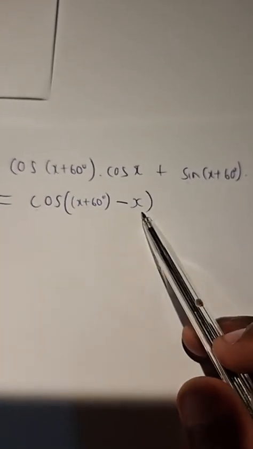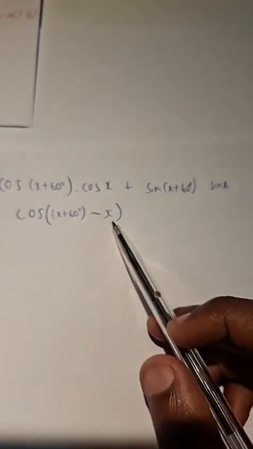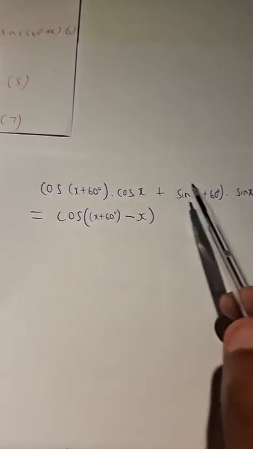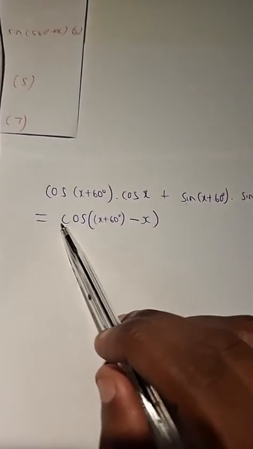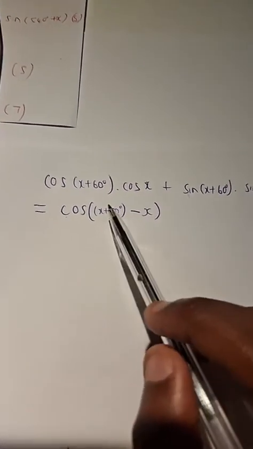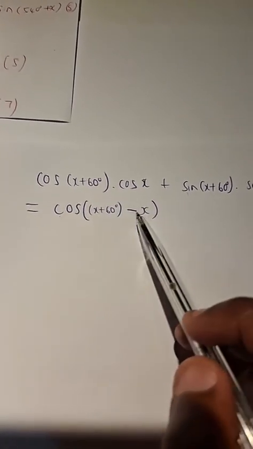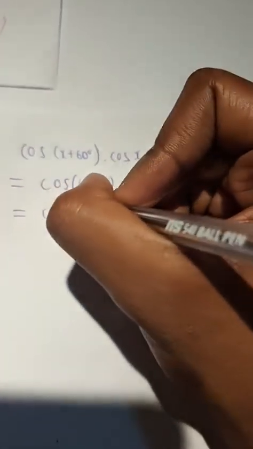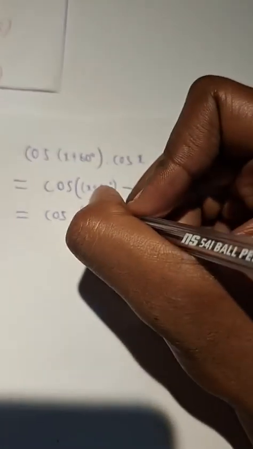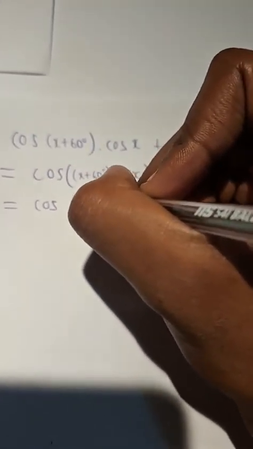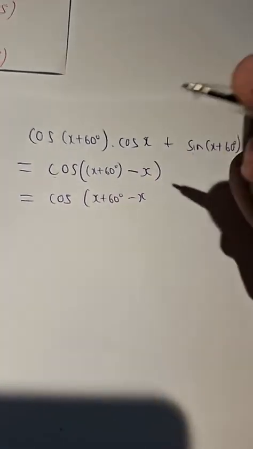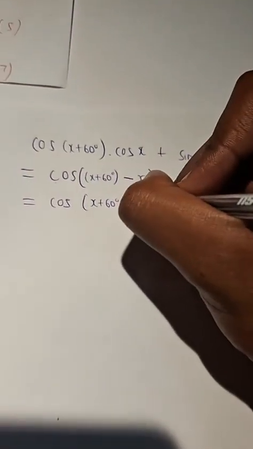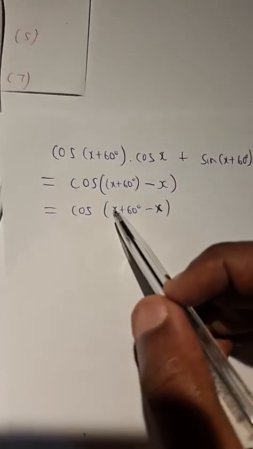Do you see that, guys? I hope you understand this. Because this is like AB, AB, cos cos, sine sine. So we know this is the cos compound. So x plus 60 followed by negative x. So then inside the bracket we can remove the small bracket here, x plus 60, and then minus the x. So we have like terms there. What's x minus x? That gives you 0.